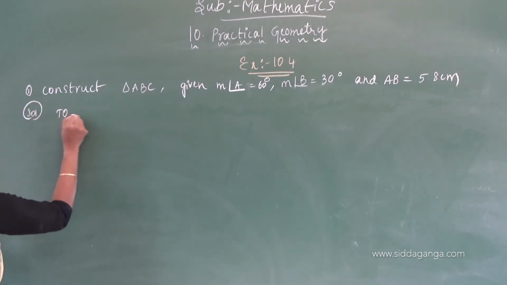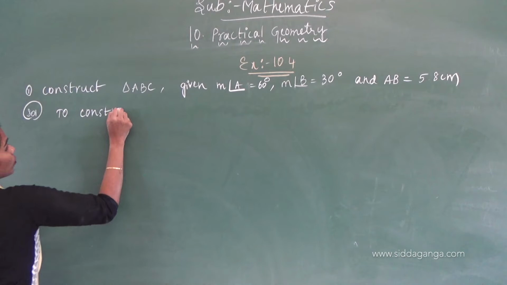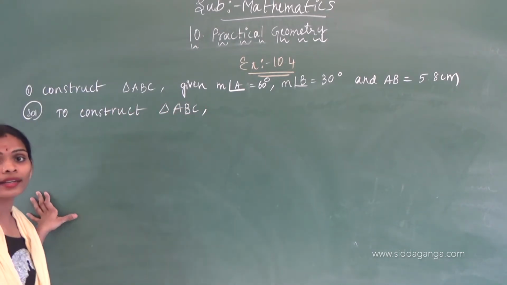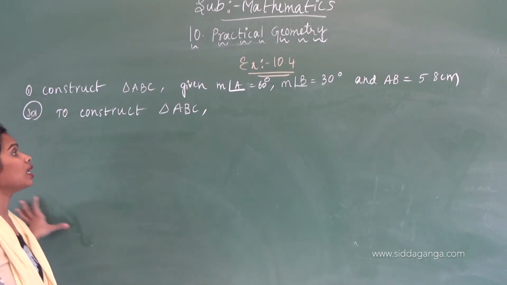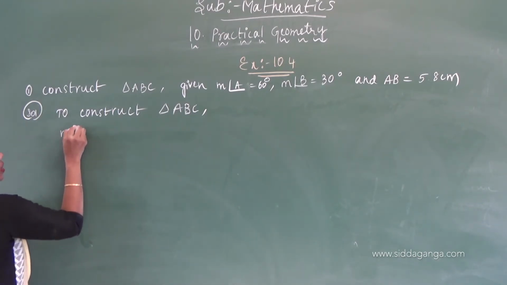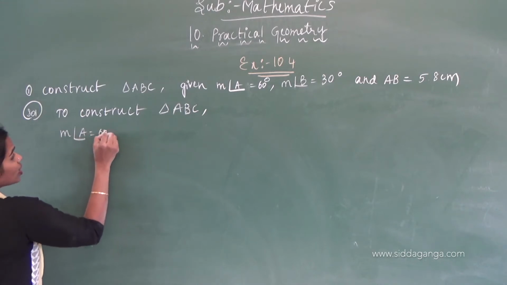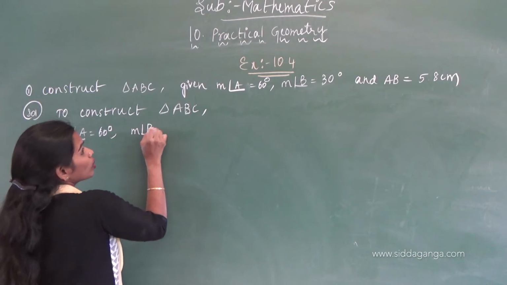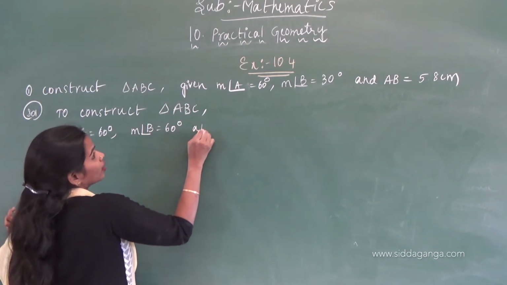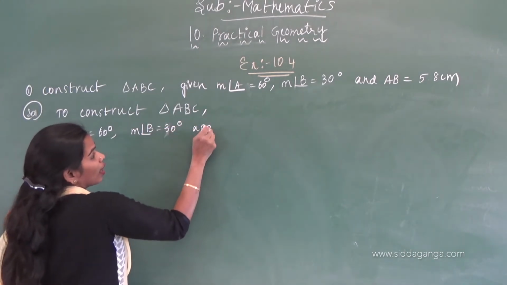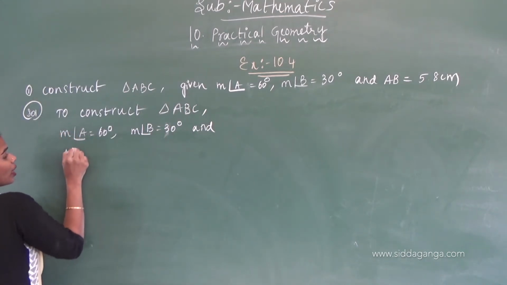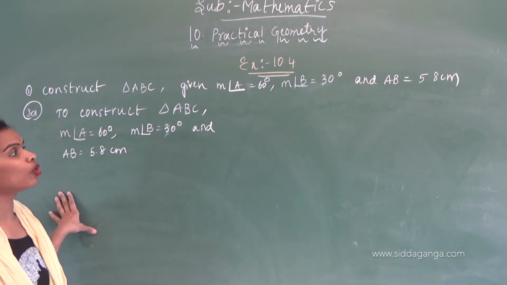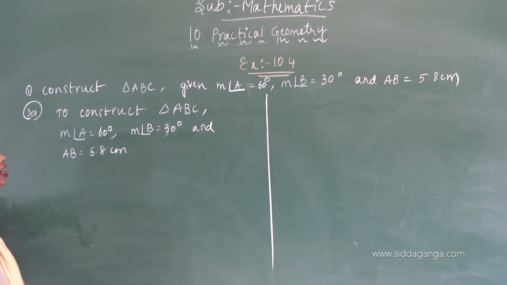Solution: to construct triangle ABC with measurements angle A equals 60 degrees, angle B equals 30 degrees, and AB equals 5.8 centimeters.